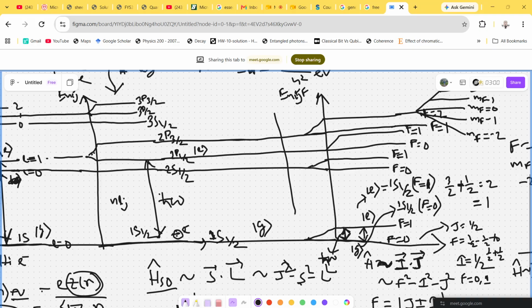There will always be some probability that the electron can go from s half to p half or s half to p 3 by 2, but the probability can be 1% and a 99% chance that it may not go. So it all depends on the parity of the two states. The transition probability depends on the parity.